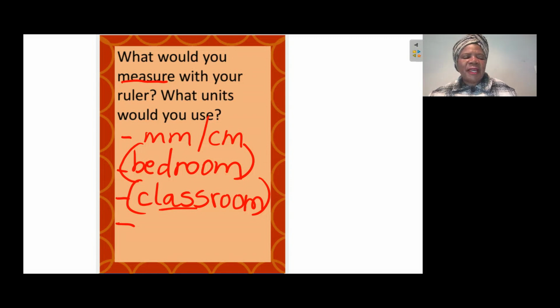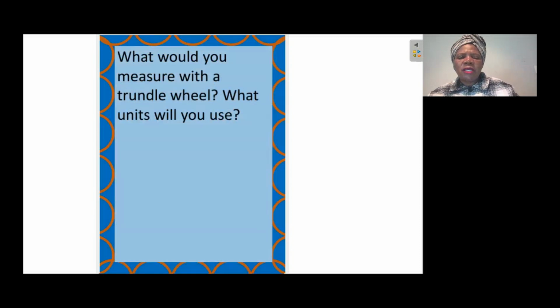You can measure the pens, the pencils, and different textbooks, and record their measurements in millimeters and centimeters. Practice makes perfect. The more you practice, the more you know, and you won't confuse anything.